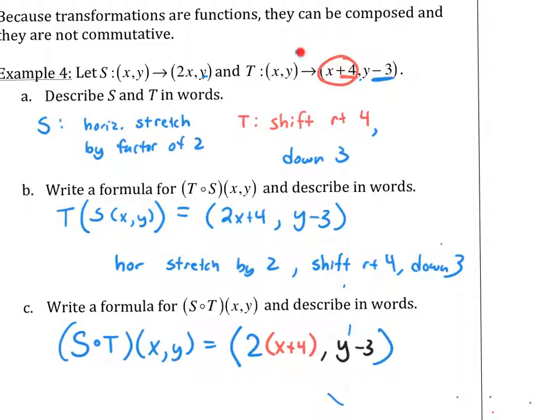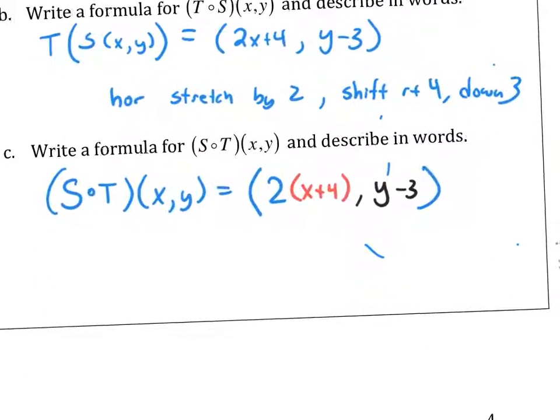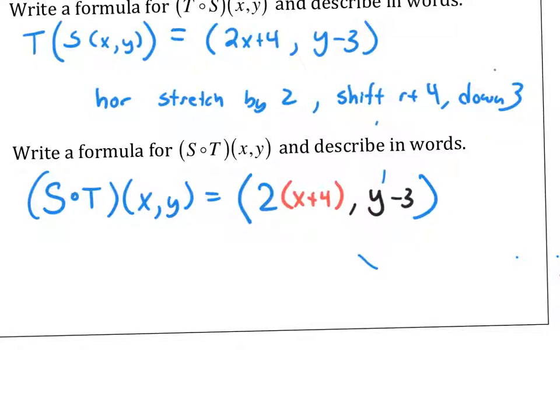Again, not much is happening there. There's no vertical stretch, so that's not being affected much. So notice when I do the distribution here, I get this, 2x plus 8, y minus 3.